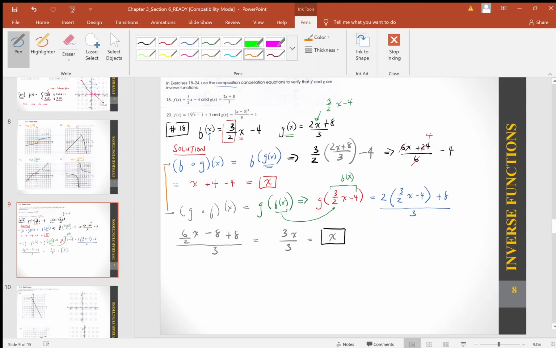By these two here being equal to x, F and G are inverse functions.